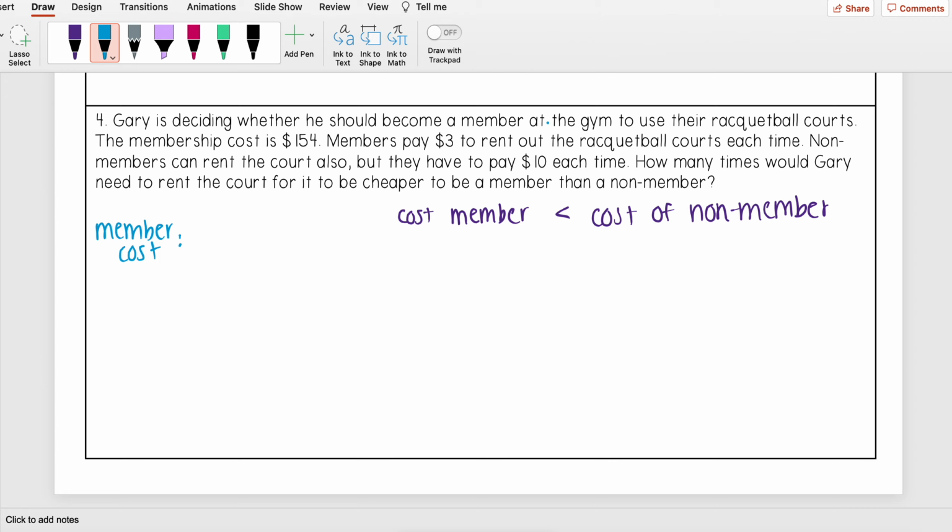It says the membership cost is $154, so I have $154 plus members pay $3 to rent out the racquetball courts each time. So 3x, and x equals number of times renting. So that means the left-hand side of this inequality is 154 plus 3x.